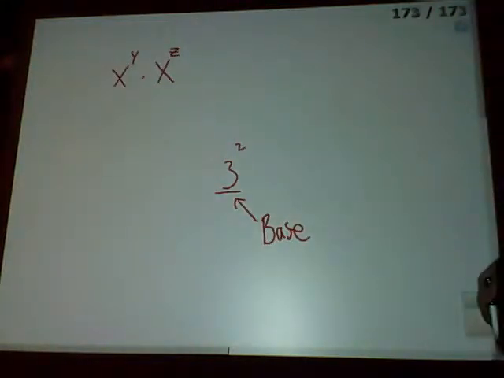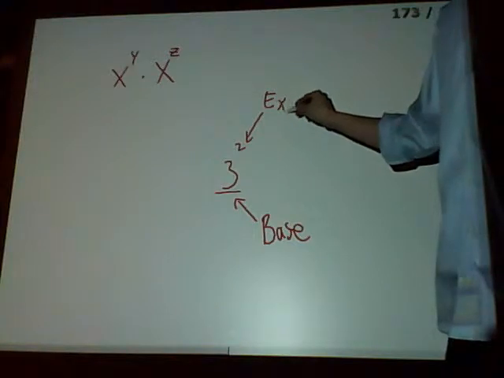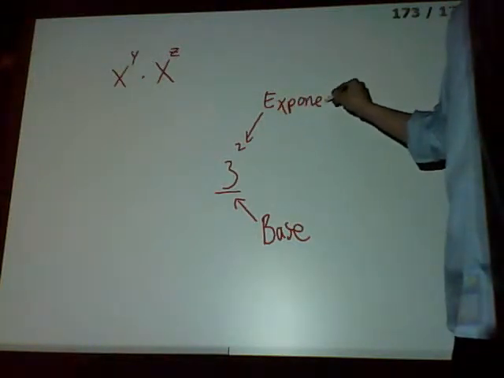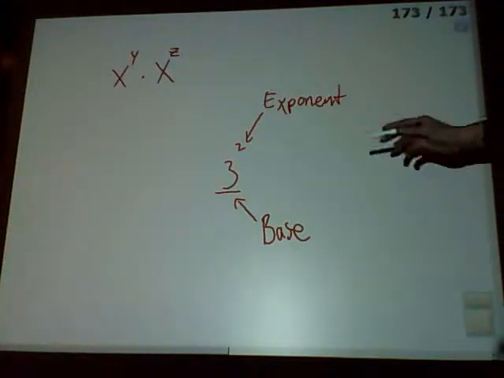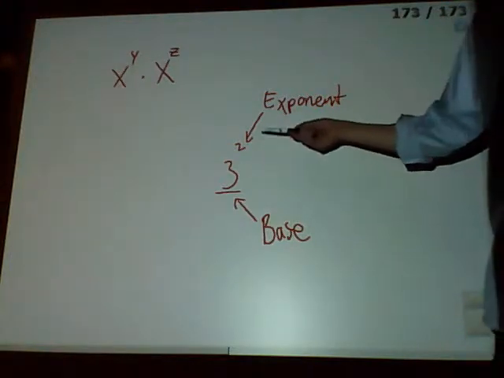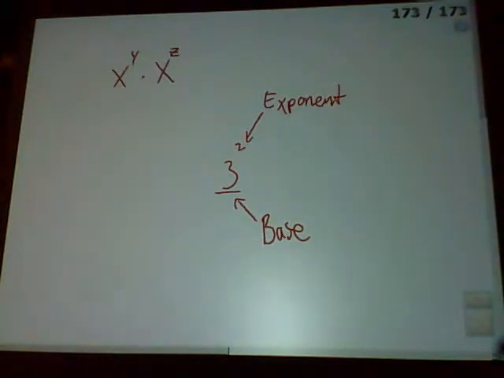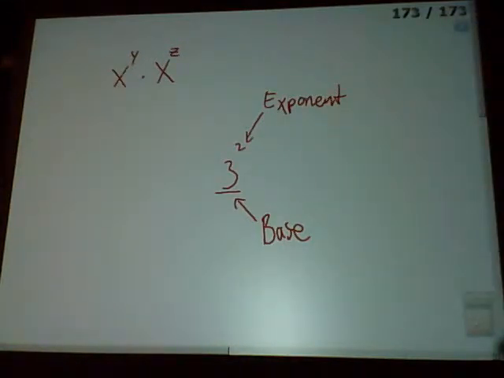And this right here is called the exponent. Just to get all the way down to the basics. So this is the exponent, and that's the base. So we could say 3 to the power of 2. You could say it a lot of different ways, 3 to the 2nd power. But we always know that 3 is the base, and the exponent is 2.